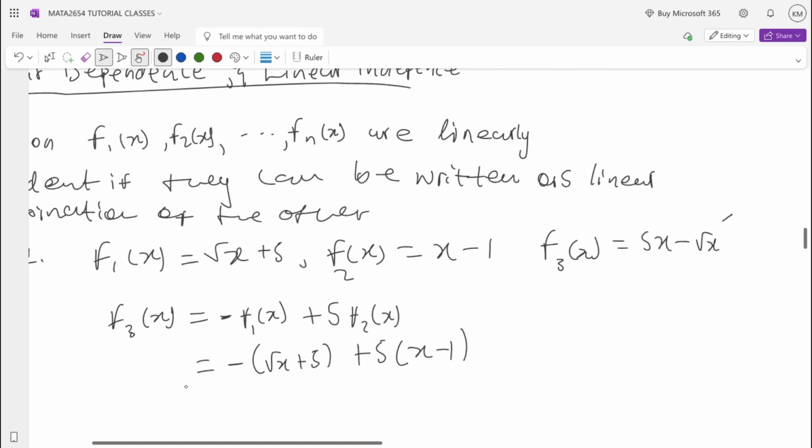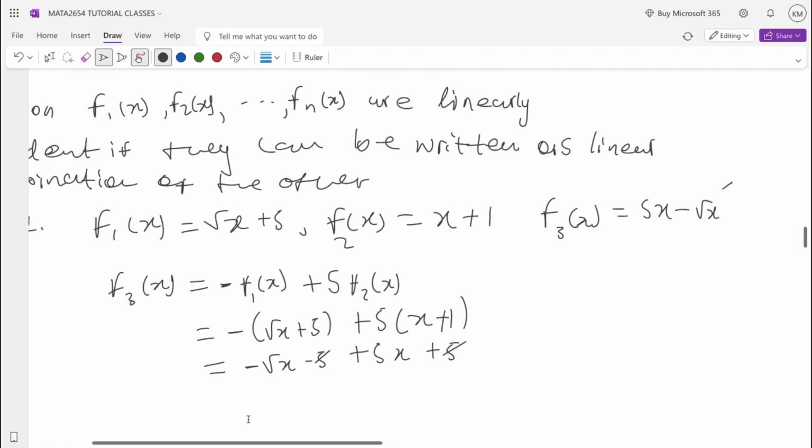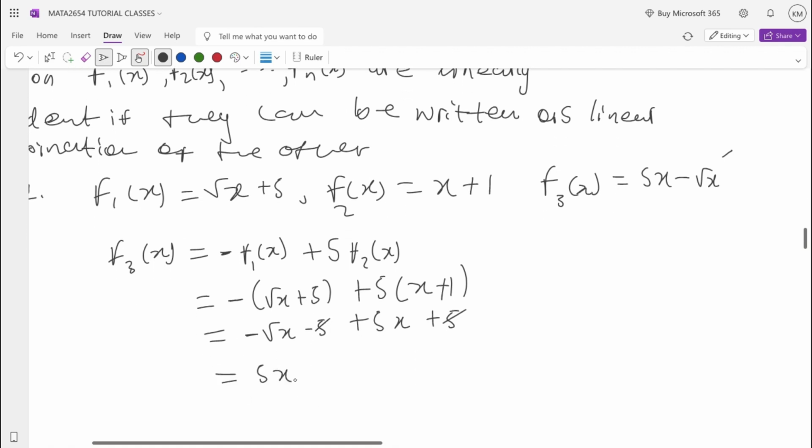Then we're going to have minus root x minus 5 from this part, then plus 5x. Maybe we should make this one a plus. So yeah, it can make sense. Then plus 5. So notice that this one and that one will go away. Then basically we have 5x minus root x, which is just f3 of x.